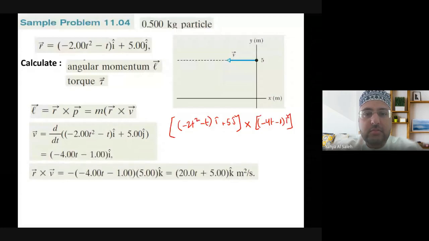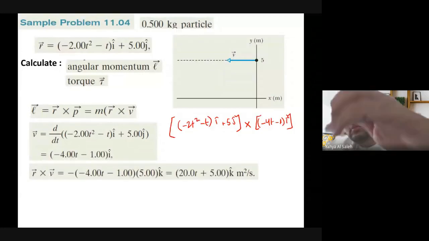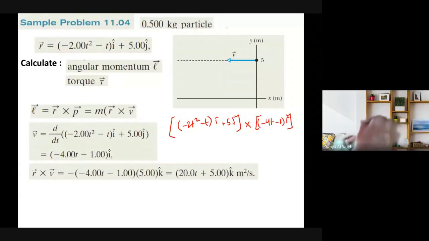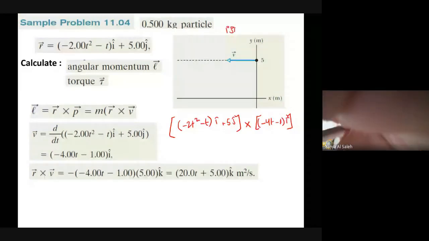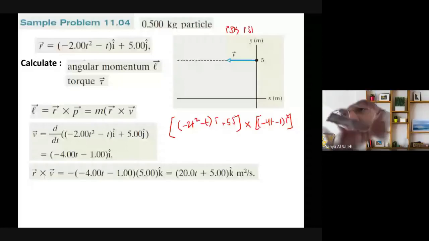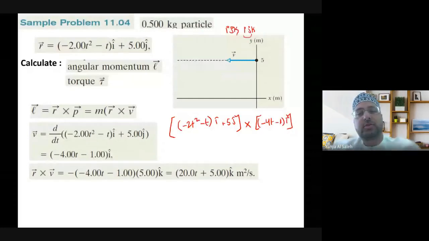Remember? k. i, j, k. So if we do j cross i, we're going in reverse, we get minus k.